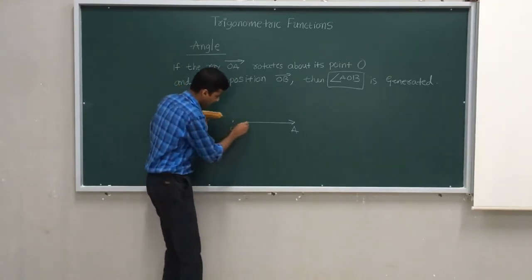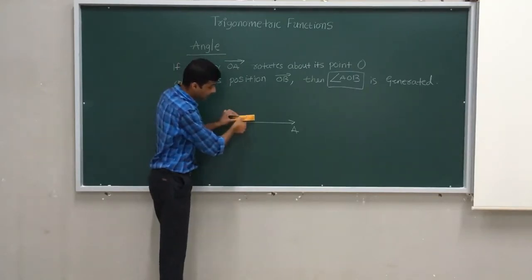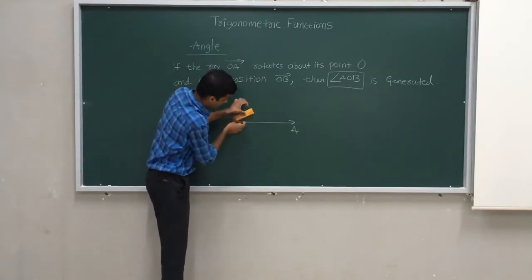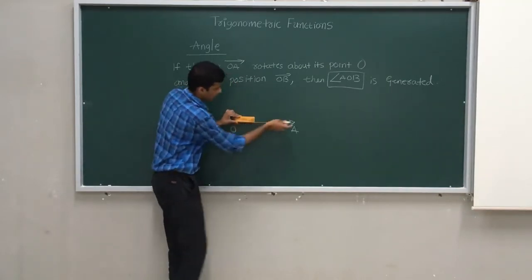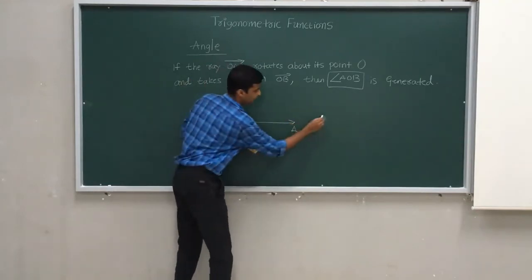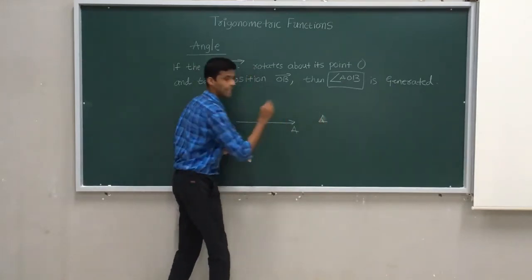Say if this is the ray OA, it moves this much distance and we stop it there. Some gap is created, and that gap is called an angle.